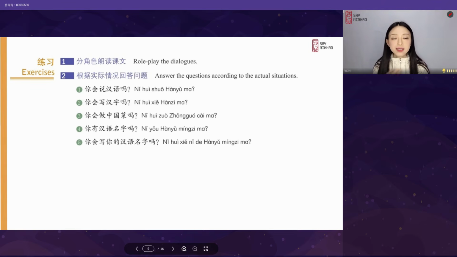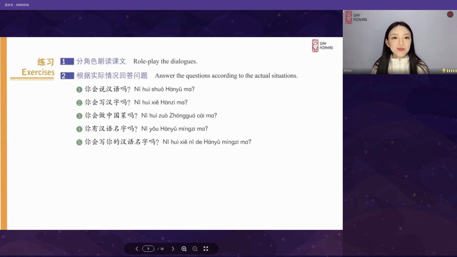So the answer is 我会说汉语 or 我不会说汉语. But since you've already learned 5 lessons, you already can speak Chinese, right? So 我会说汉语.